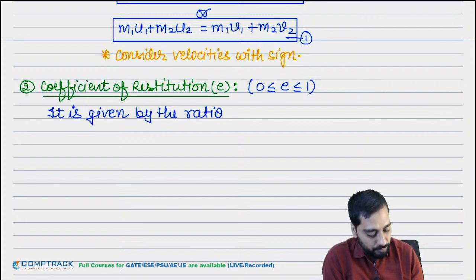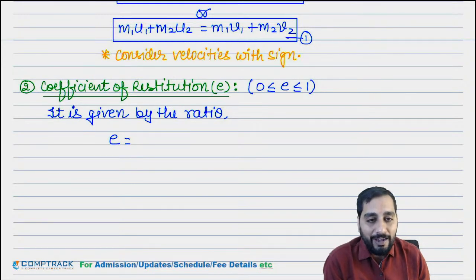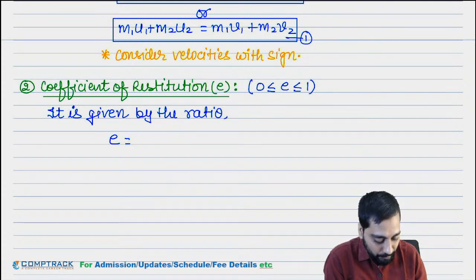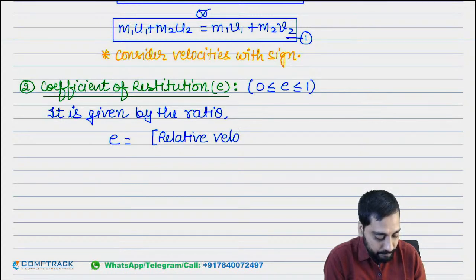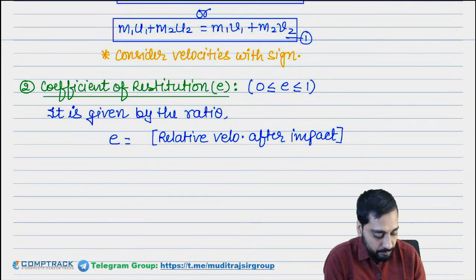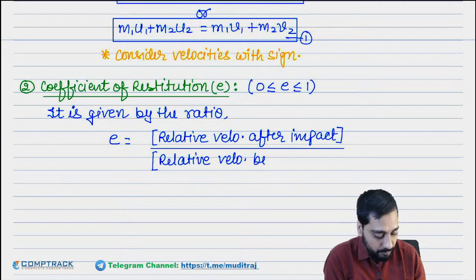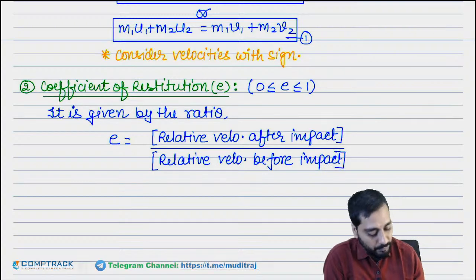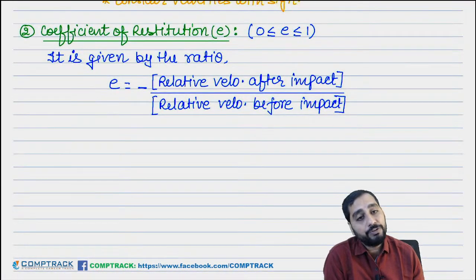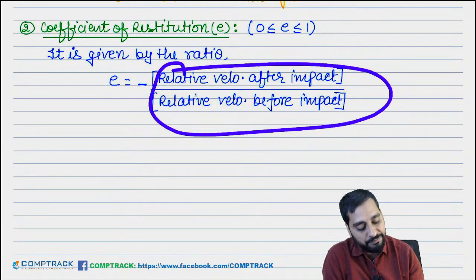So it is given by the ratio: relative velocity after impact over relative velocity before impact. Okay, with a minus sign, but its value is not negative, because when you solve these two things you will get a negative value.